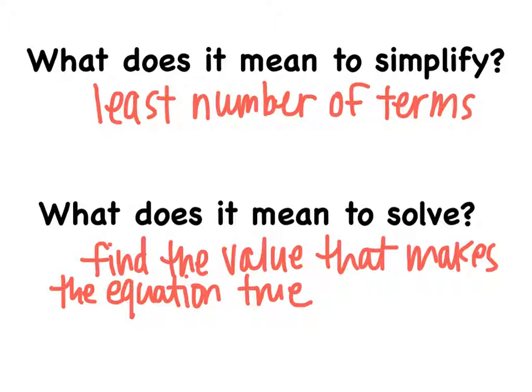So let's take a look at what these might look like. If I simplify an expression or an equation, it might look something like this: 2x plus 3 equals 4. And it's the least number of terms because there aren't x's I can combine, there aren't numbers I can combine. This is as far as I can go on both sides, simplifying the expression.